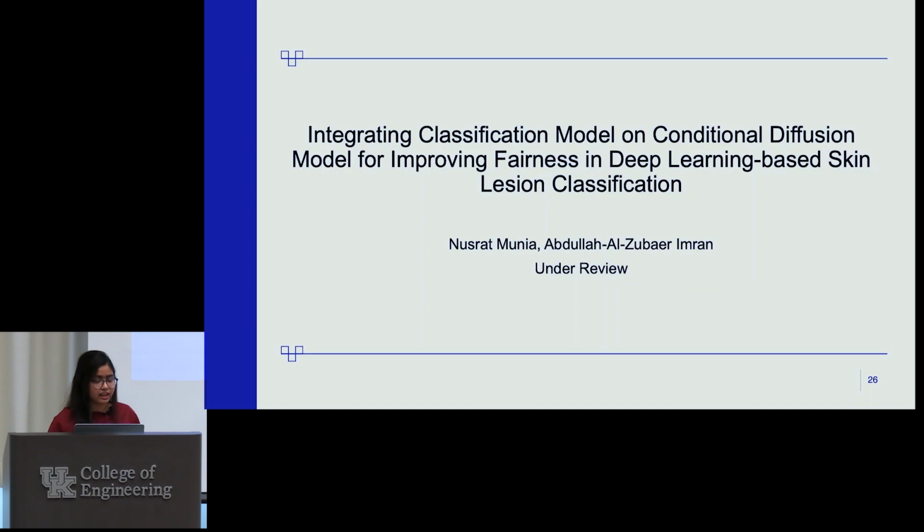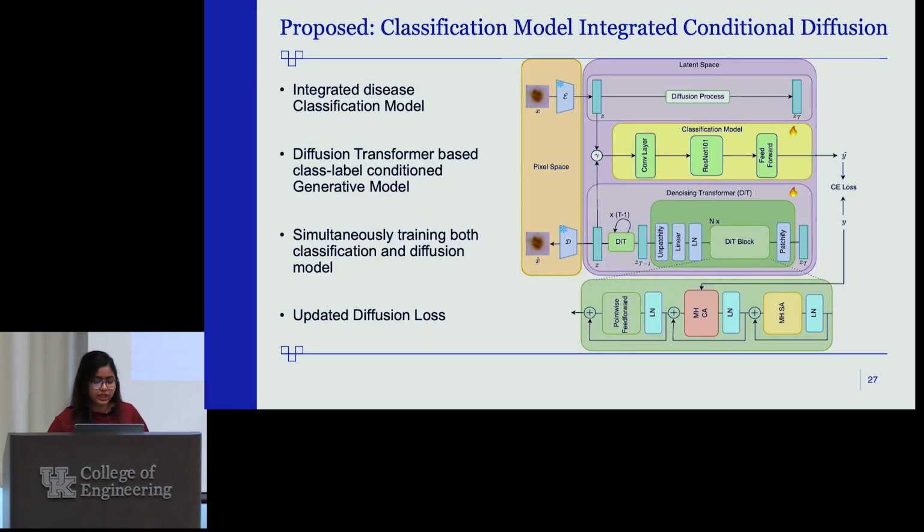It's integrating a classification model with a conditional diffusion model for improving fairness in deep learning-based skin lesion classification. Here we propose a classification model integrated with the conditional diffusion model, so it has an integrated disease classification model with the diffusion process. The diffusion model here is class-level conditioned instead of text.